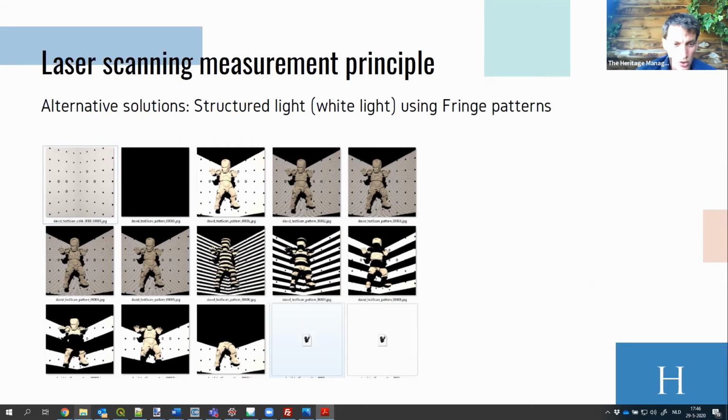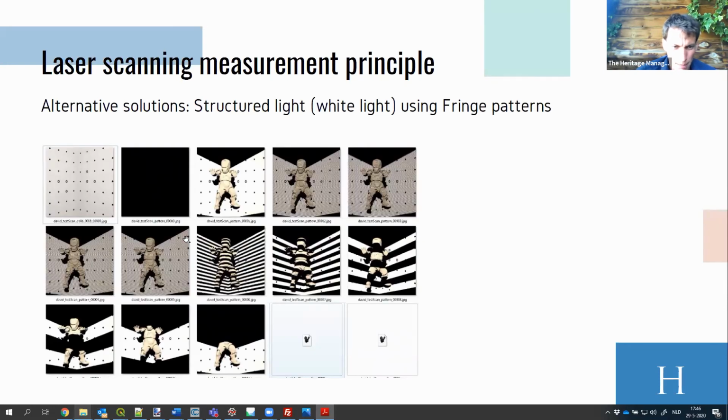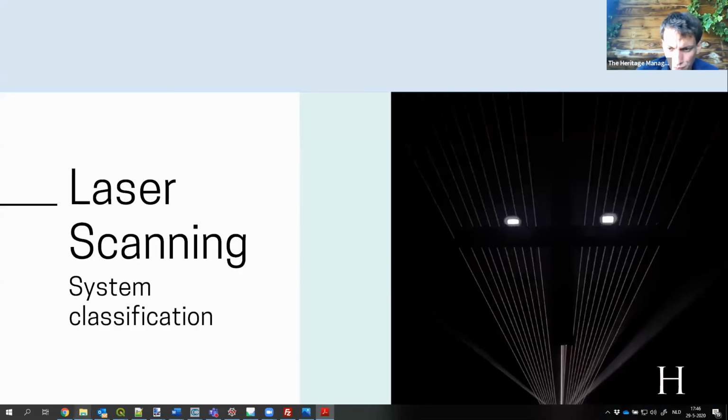Yeah, and of course this can also be used not only with laser light, but also if you just have a pattern projection. So even if you have a beamer, a projector, and you project a certain line pattern on your objects, you can use that for geometric reconstructions because of the change of the patterns in relation to the equidistance of your black and white lines in this case.